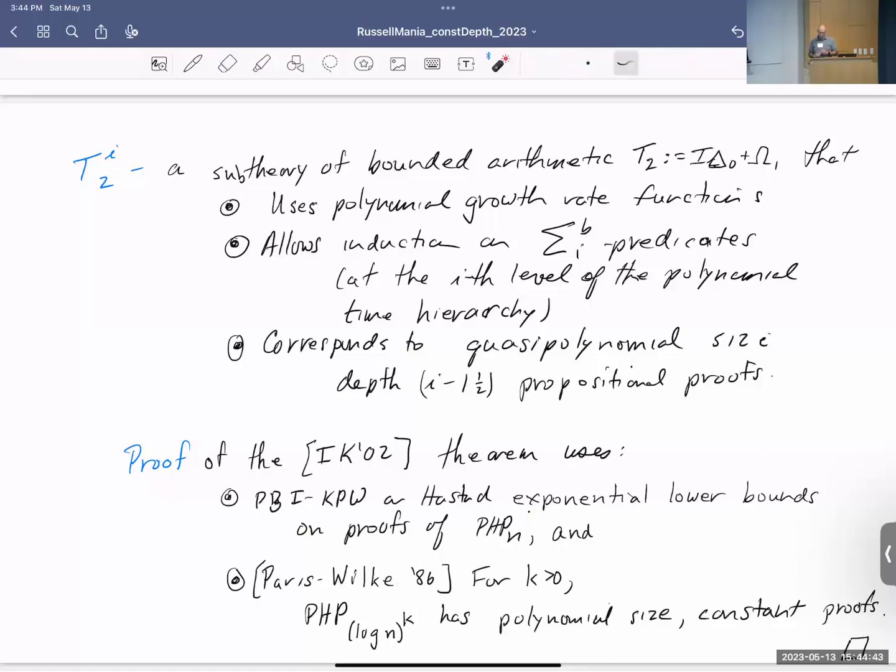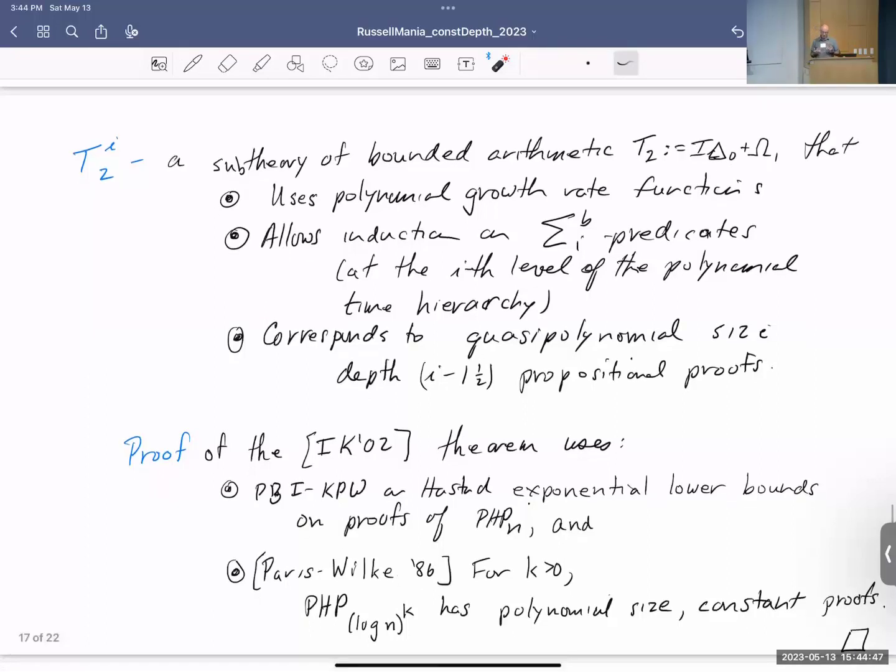And then you combine this with an old result of Paris and Wilkie, that the pigeonhole principle for log n to the k many pigeons, for fixed k but letting n vary, has polynomial size constant depth proofs because it's provable in I delta naught. So they show it's provable in I delta naught, therefore it has constant depth propositional proofs.